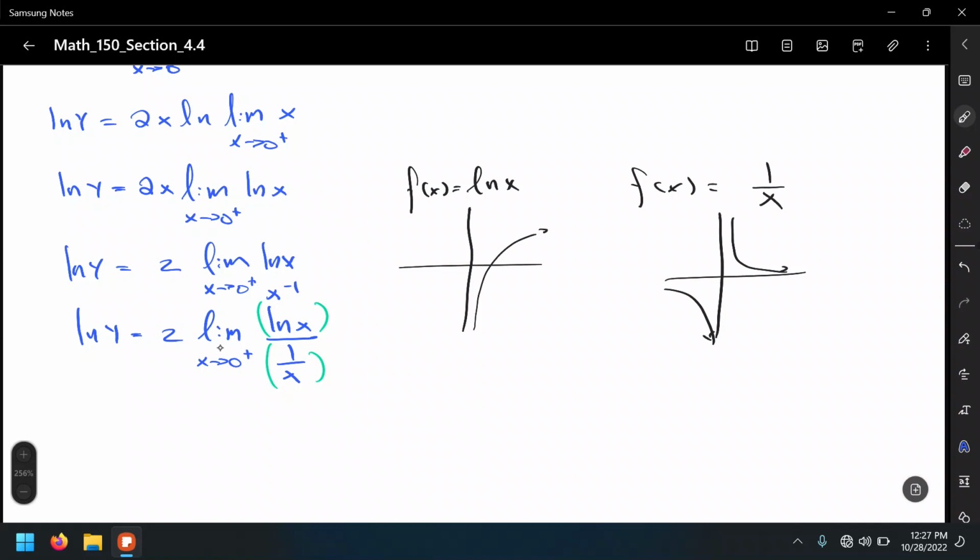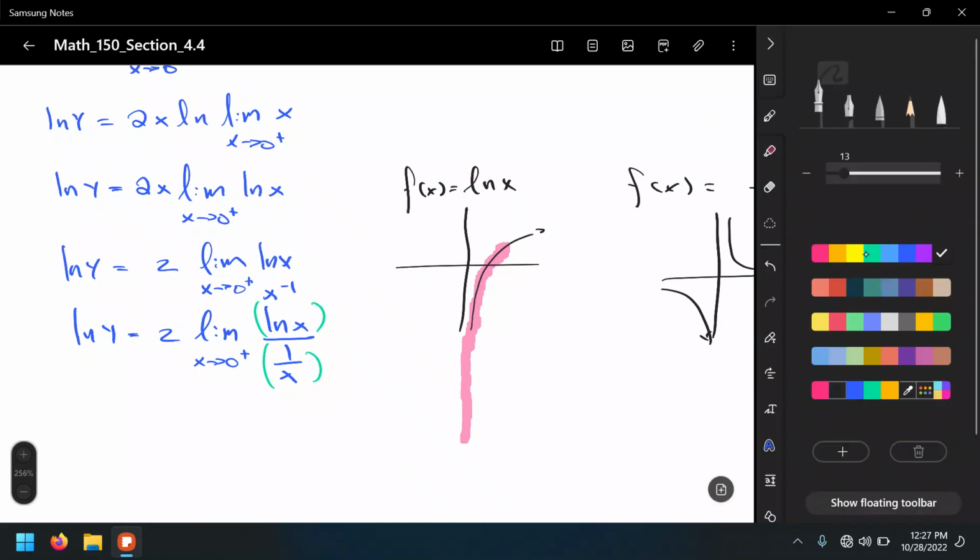When we evaluate this limit approaching 0 from the right, where are we getting on the ln function? Isn't that negative infinity?